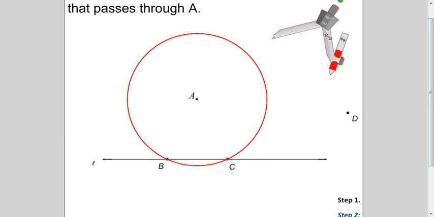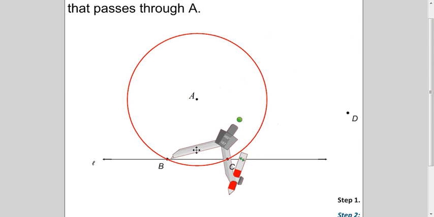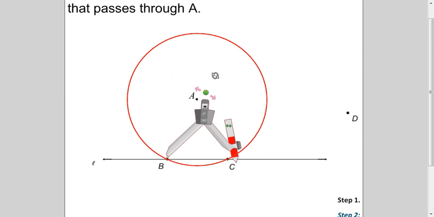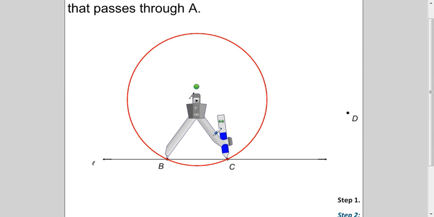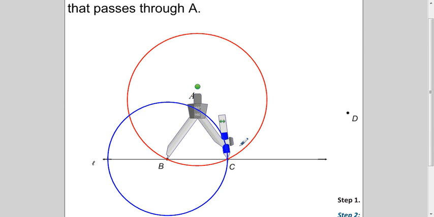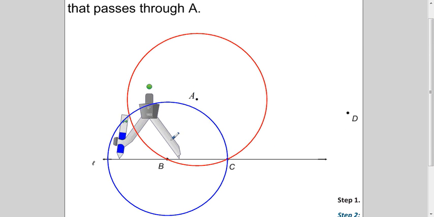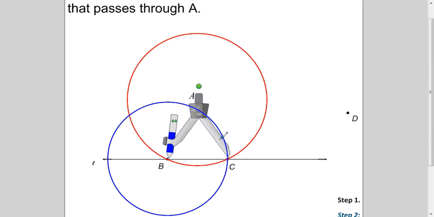And so now we're just going to do a perpendicular bisector like we did before with B and C, and then connect to A. So let's see, if I put that on B, go over a little bit, draw a circle, flip that around, put it over on C, don't change how big it is.